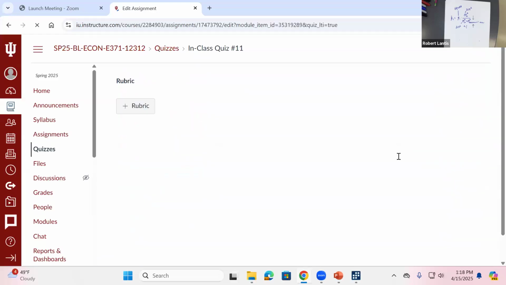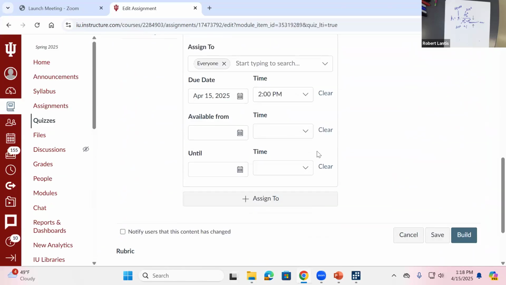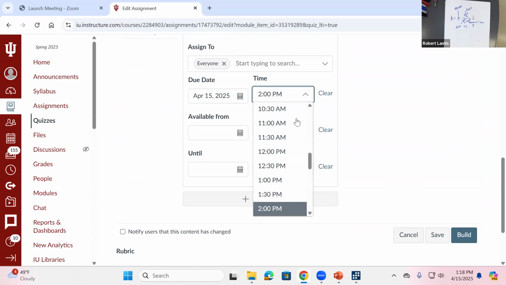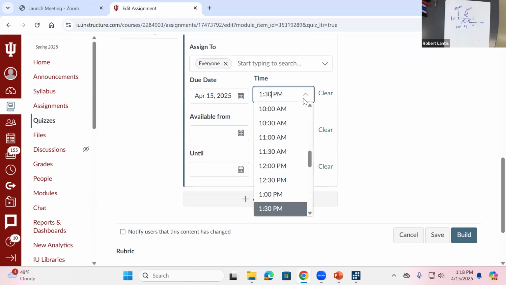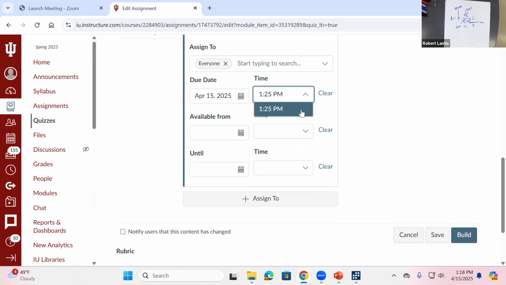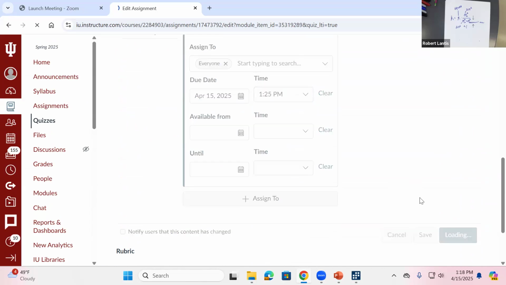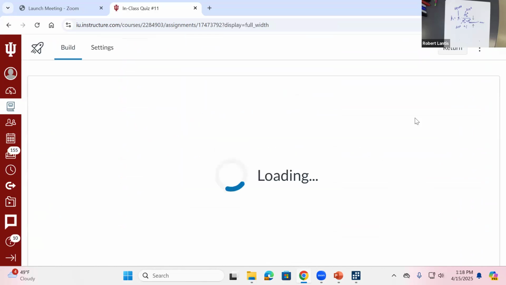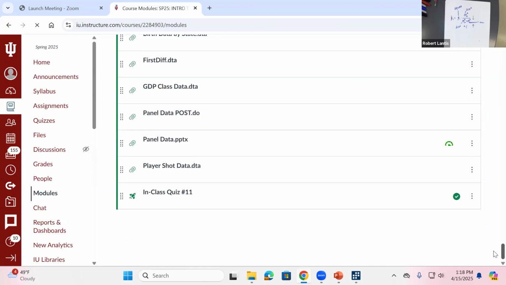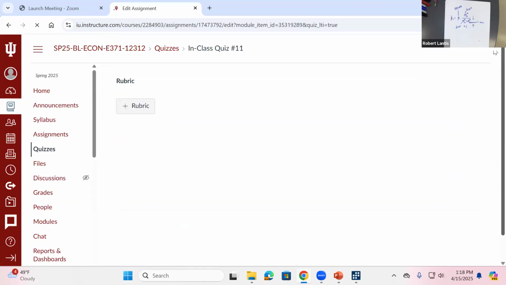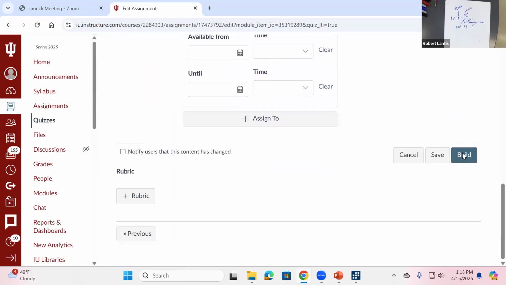Since everybody's here, I want there to be value to the people who actually are showing up. So let's do 1:30. You guys can get this done in the next couple minutes. Let's make sure that's saved. I'm realizing I should have hit save instead of build. There we go. All right.